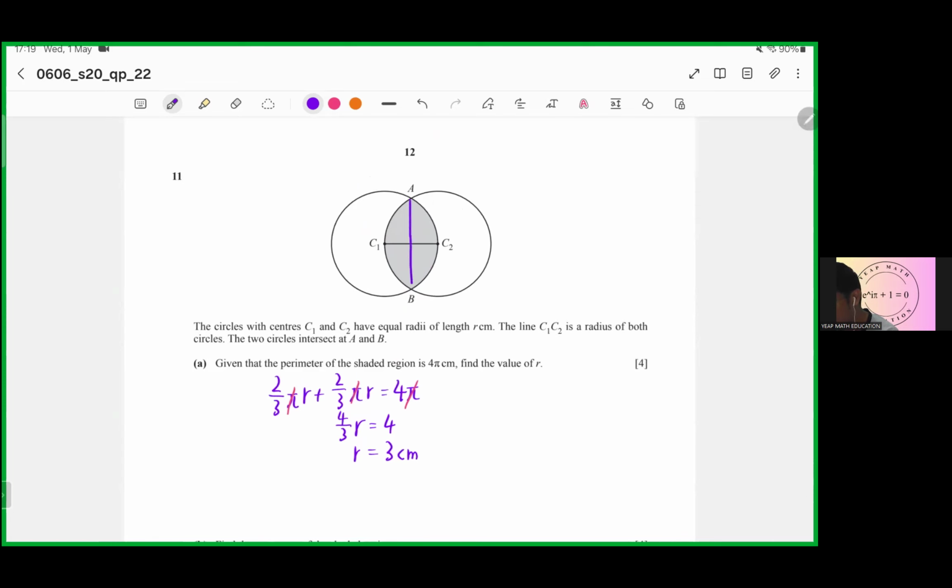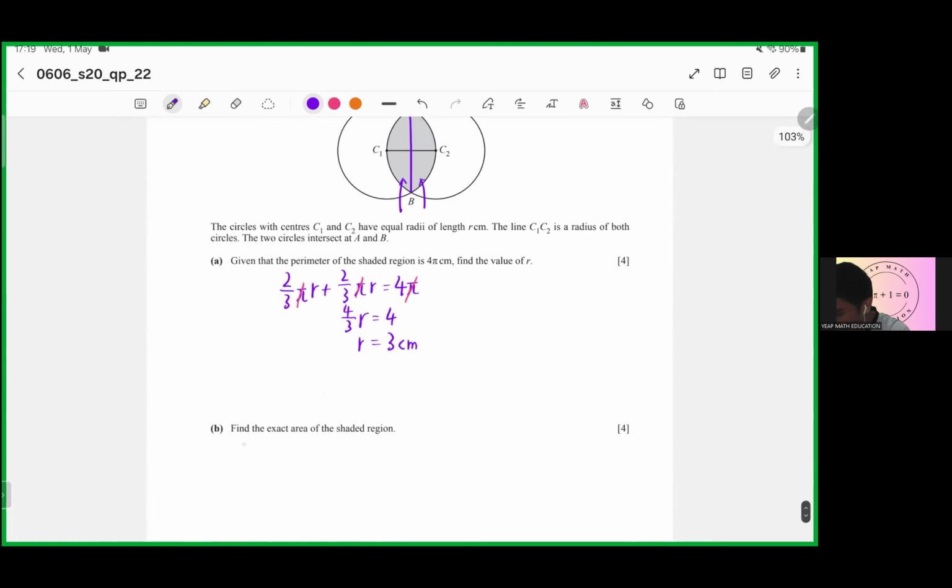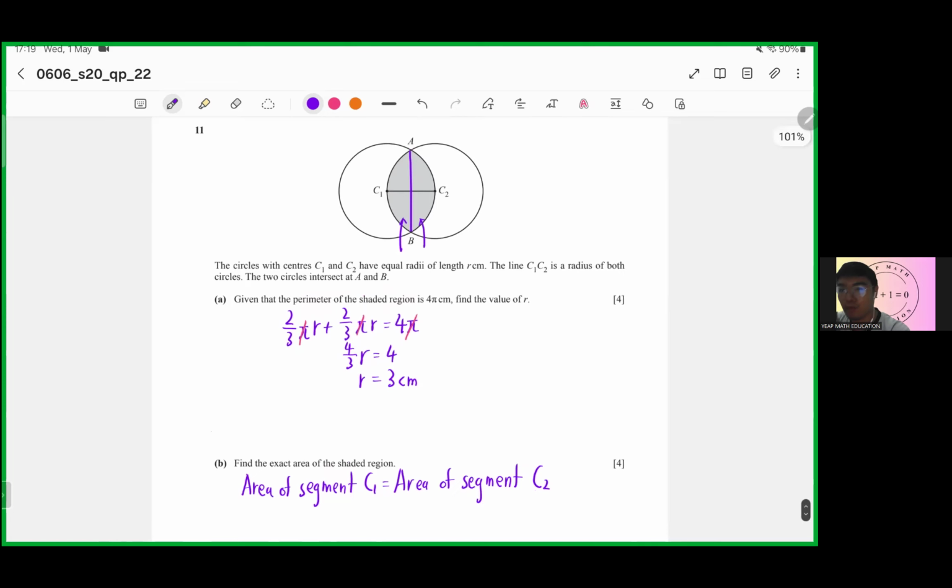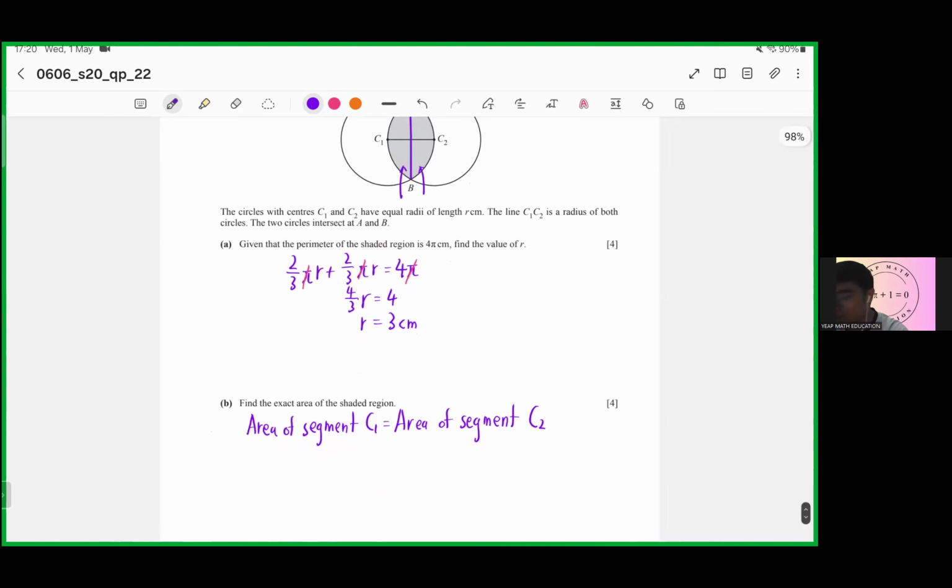We can find the area of the segment, because we know this segment and this segment are the same. So I write here: area of segment C1 equals area of segment C2. So we just find one segment and then multiply by 2 times.